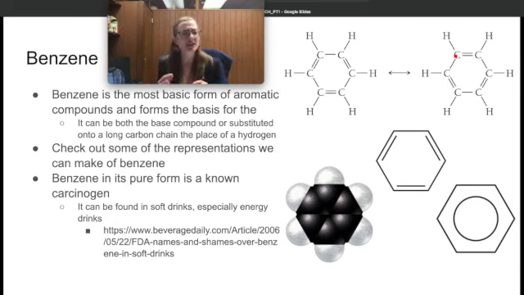One other key piece of information here that we haven't quite talked about yet is that single bonds are much longer than double bonds. When you have more electrons in between 2 different atoms, it can pull them much more tightly together. So single bonds are longer, double bonds are shorter, and triple bonds are going to be the shortest.